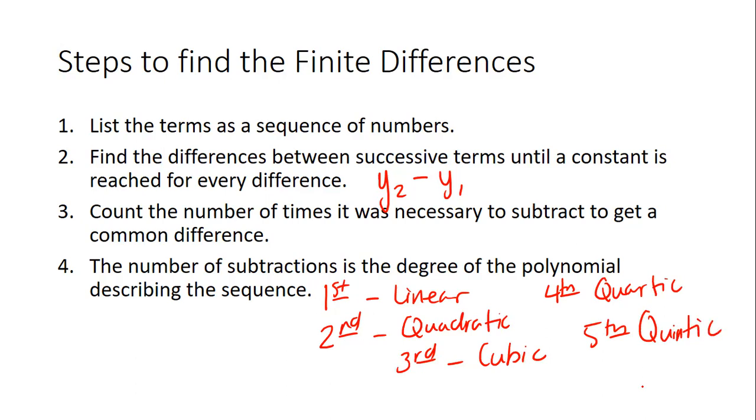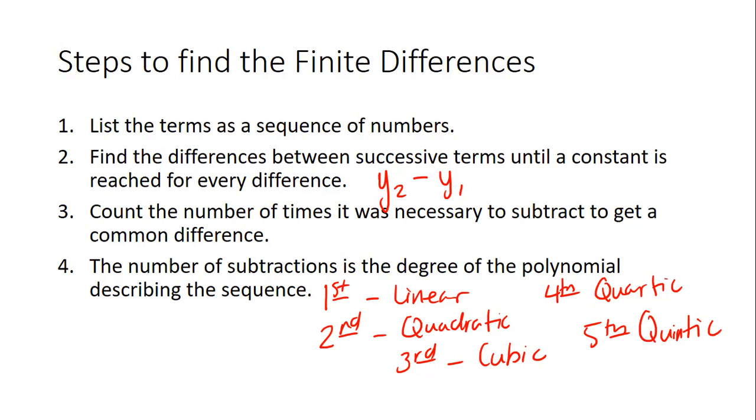We will not go past that. So first difference is a linear, second difference is a quadratic, third difference is a cubic, fourth difference is a quartic, and fifth difference is a quintic. And all you're doing is subtracting. That's why it's called finite differences.